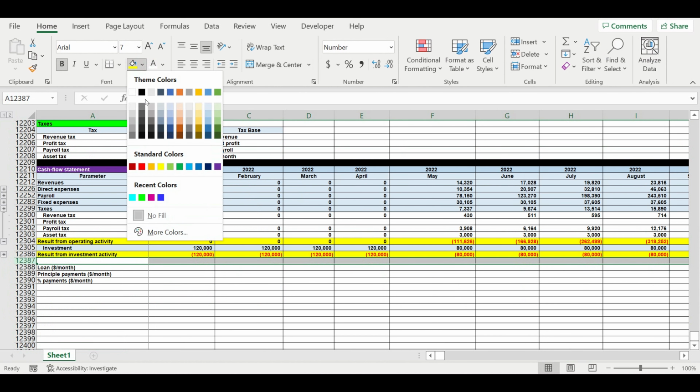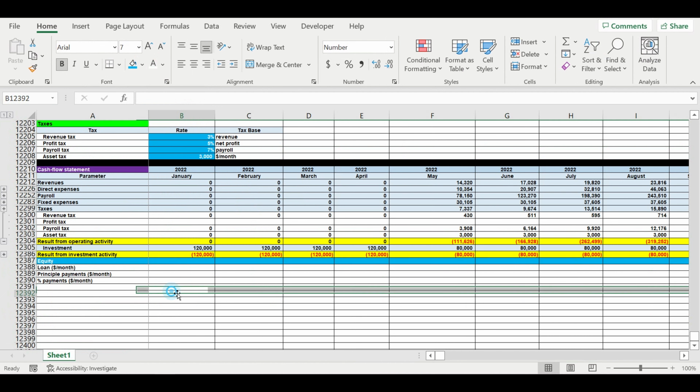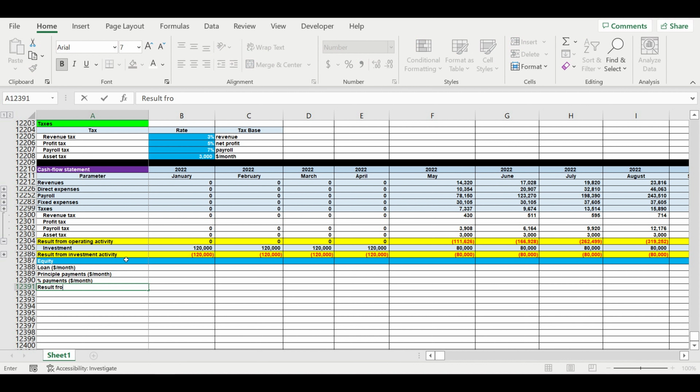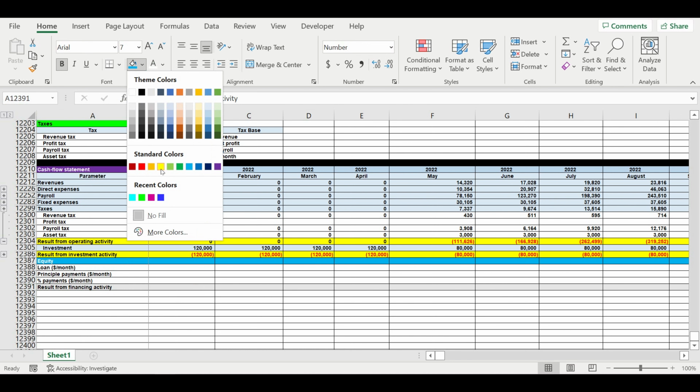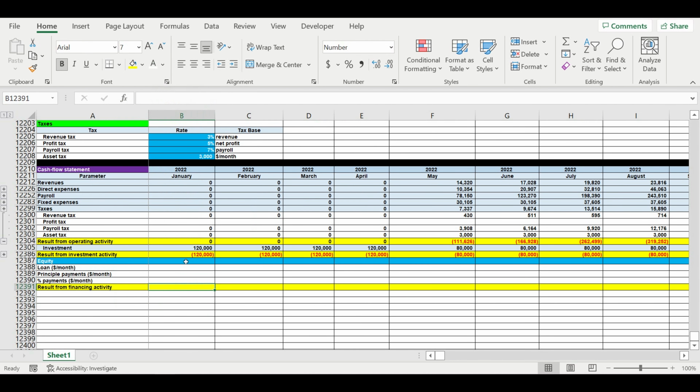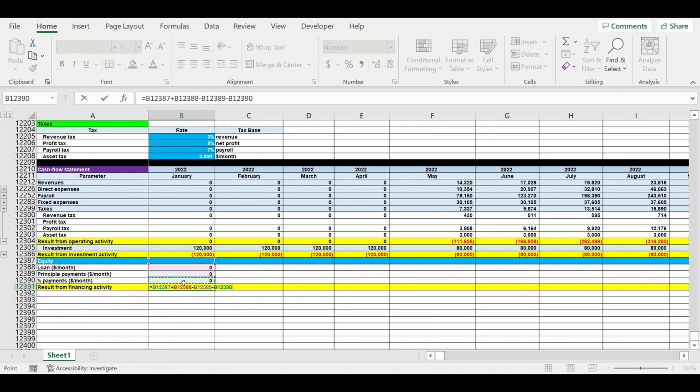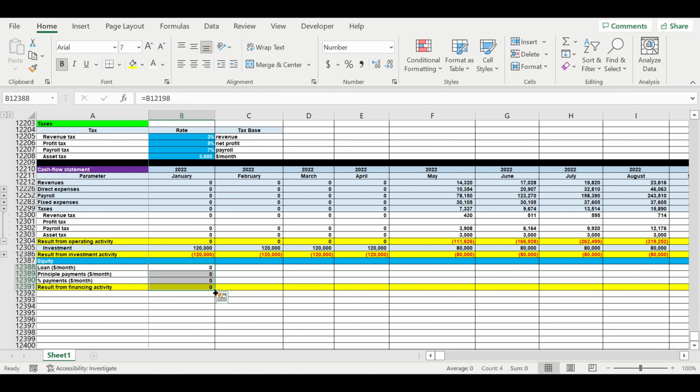This can be the input, so I mark it with our input color. This will be the result from financing activity. So this will be this plus this minus this minus this. Then we will extrapolate this formula.